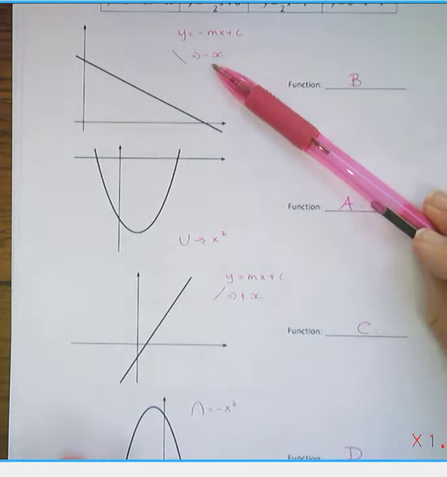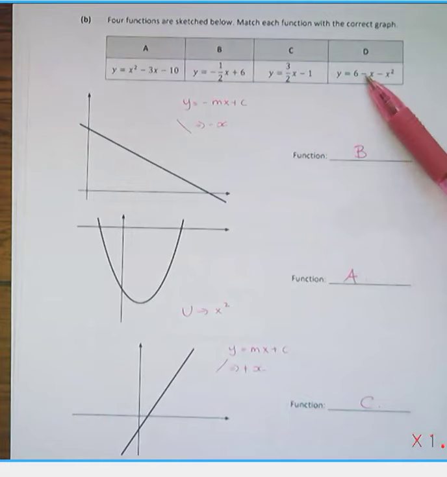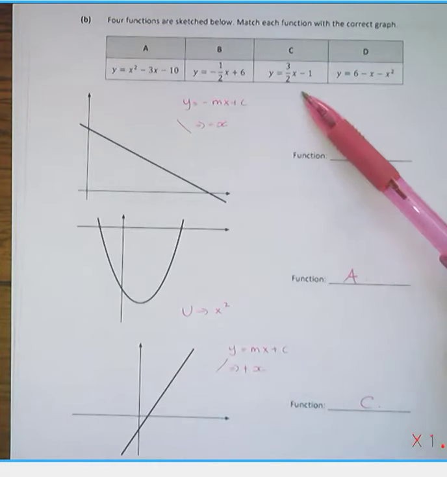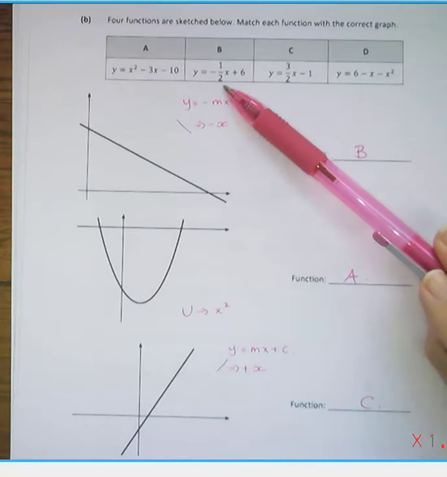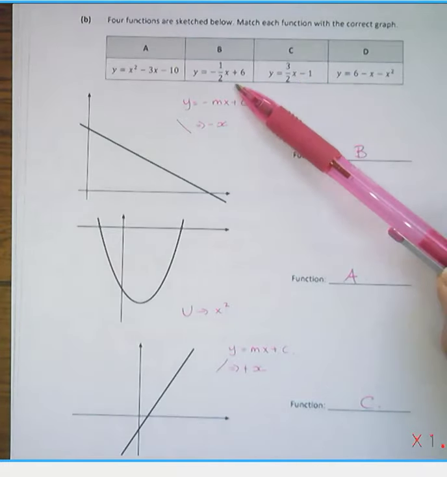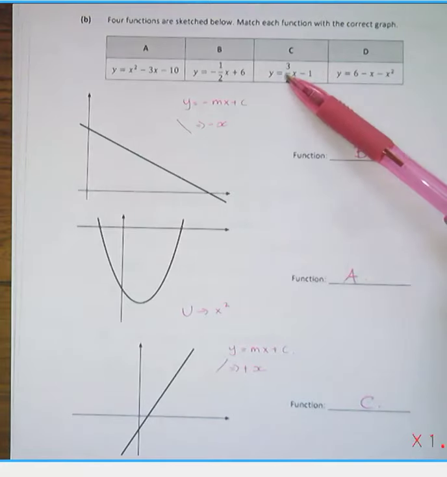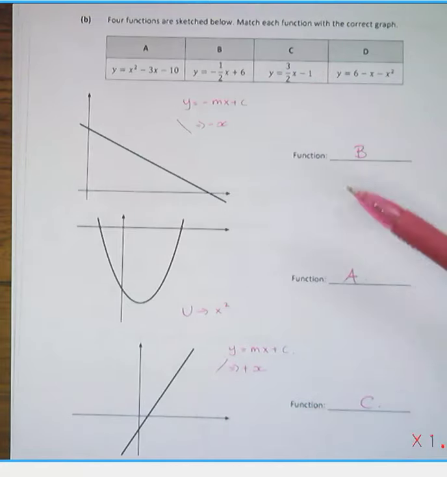So when, again, I look at the functions they have given me, I'm looking for a linear function. So linear functions, I have B or I have C. I'm looking at the term in front of the x. This is a negative term in front of the x, this is a positive term in front of the x, so this is a downhill, so that will be my first function. And this is an uphill, so that will be my third function. So your order should be B, A, C, D.